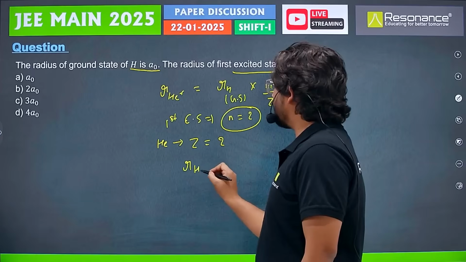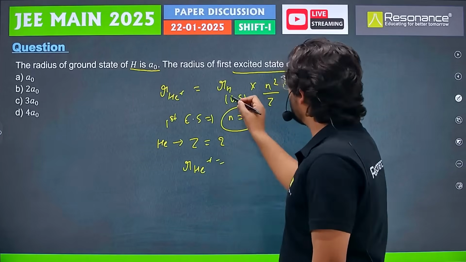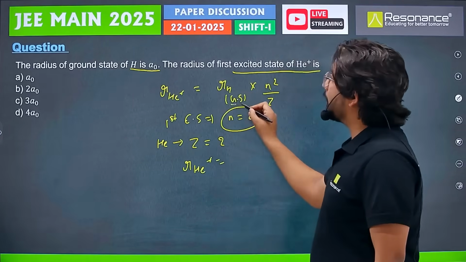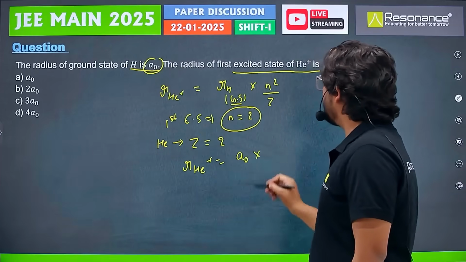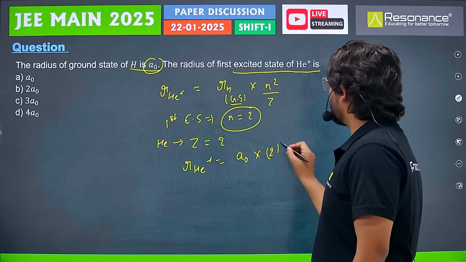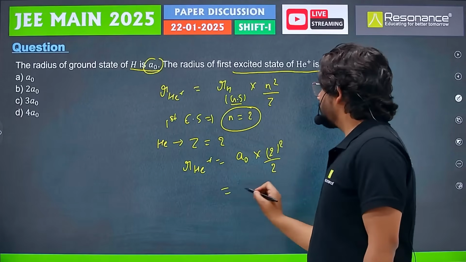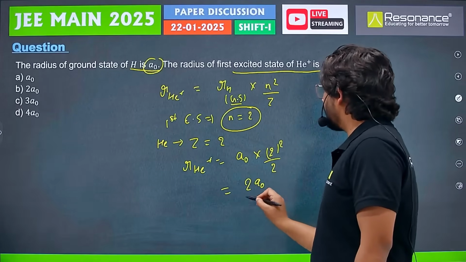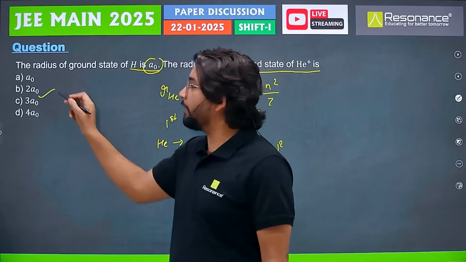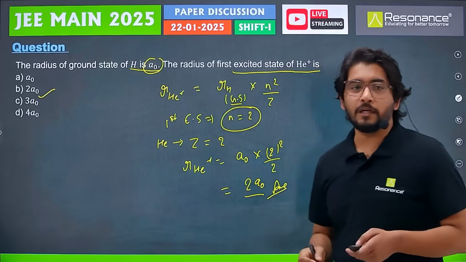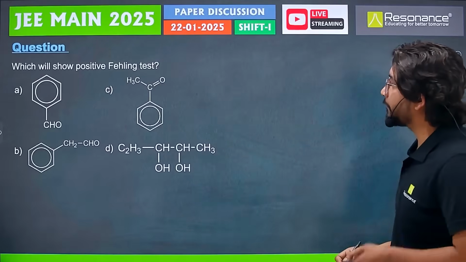So R of He plus is equal to the radius of the hydrogen atom in ground state, A0 into 2 square divided by 2. So it will come 2A0. Option B will come. Now move to another question.